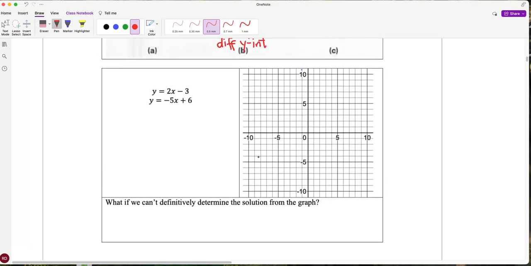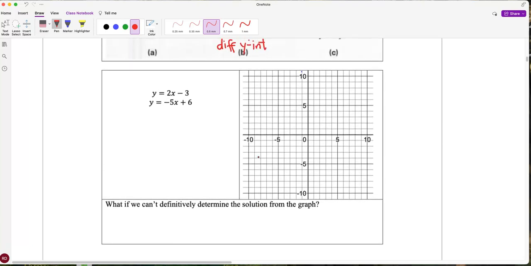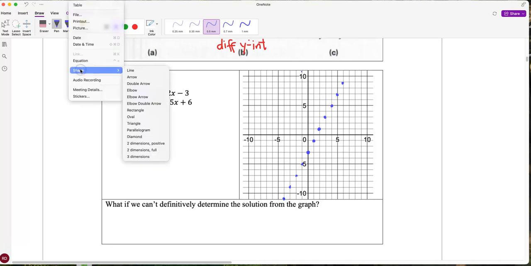What if we can't definitively determine a condition from the graph? Let's look and see what's going on here. 2x minus 3, so go to negative 3 and do a slope of 2. Again, I'm filling in as much as I can to make this line as accurate as I can, because my solution depends on the accuracy of my graph.